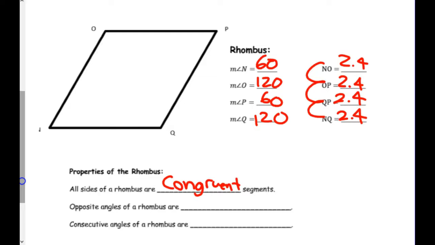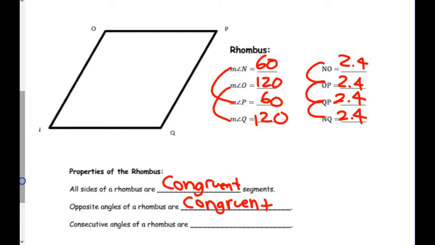Opposite angles of a rhombus are, once again, congruent. Remember, only sides can be parallel, so angles are either congruent or supplementary. So in this case, opposites are congruent, but look at the next one.